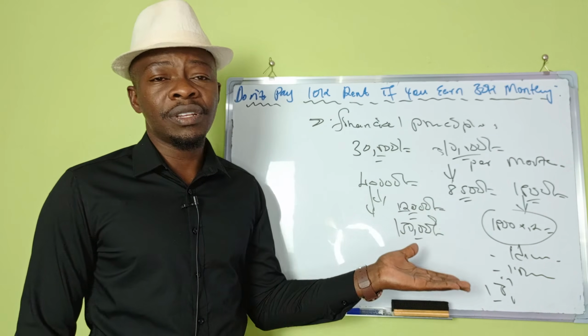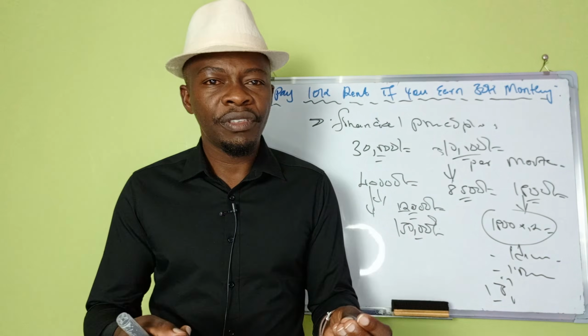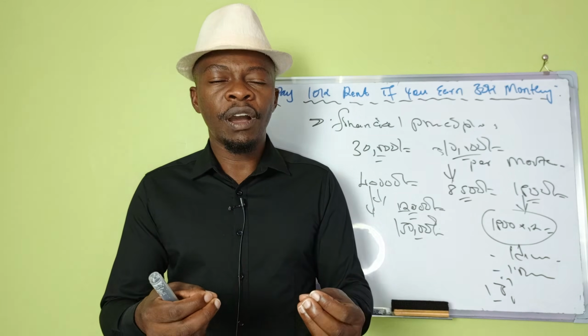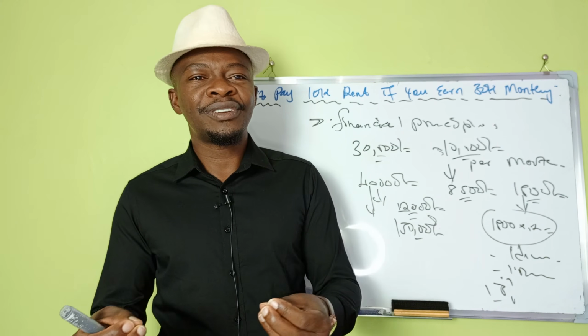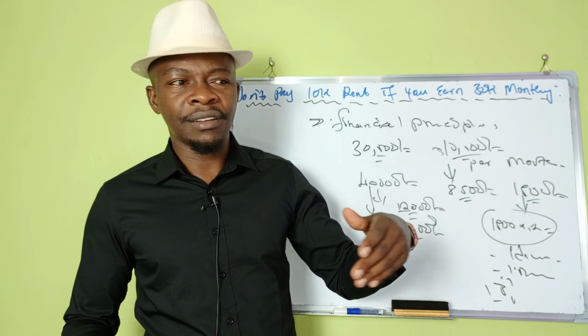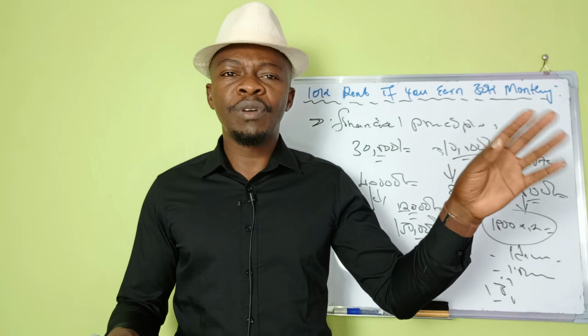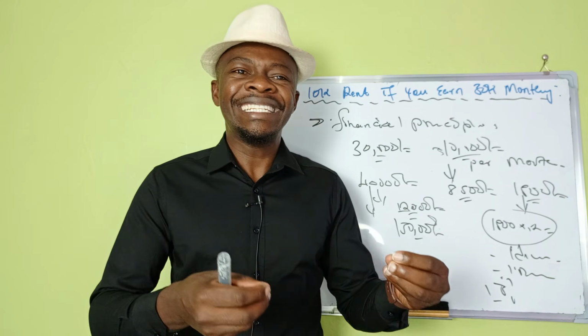Otherwise, if you violate some of these formulas, because I always tell you guys, wealth and riches is intentional. You have to do it intentionally. You see, they say justice must not only be done, but must look to be done. Well, I'm not so good at laws and those kinds of things, but those who understand can get what I'm trying to say. The thing is this, wealth and riches is actually intentional.